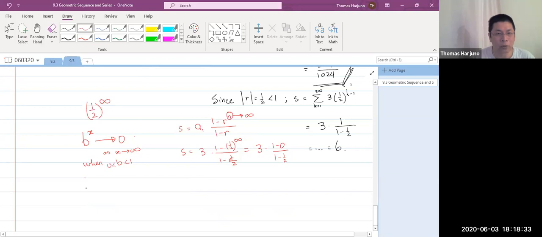The graph looks like this. I hope you remember that. And the y-intercept is 1, right? But because b is less than 1, when x goes to infinity, it will be approaching 0. Now, that's the quantity that I use here.